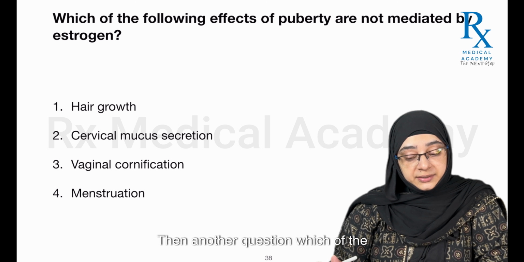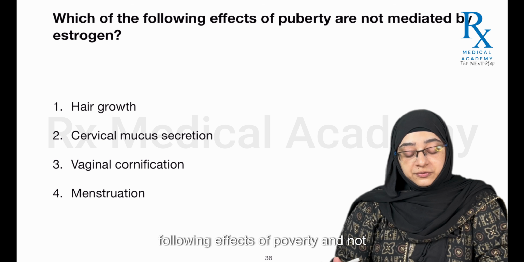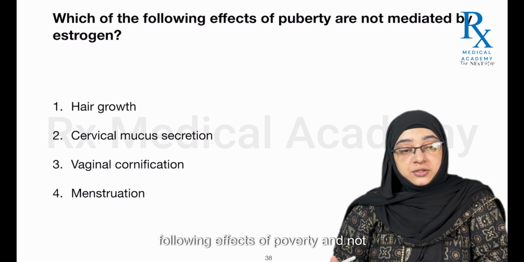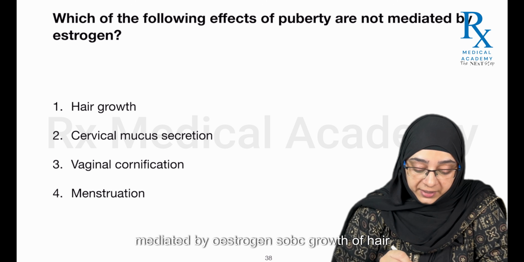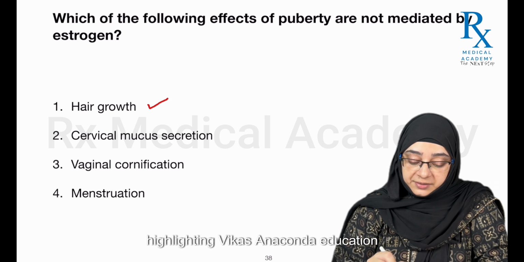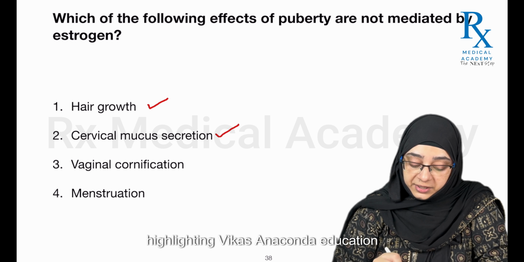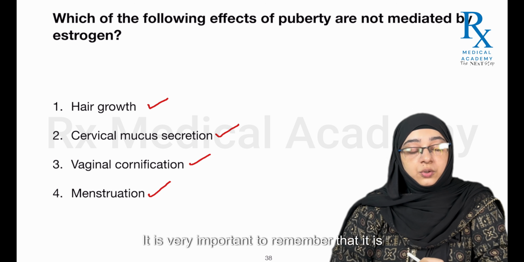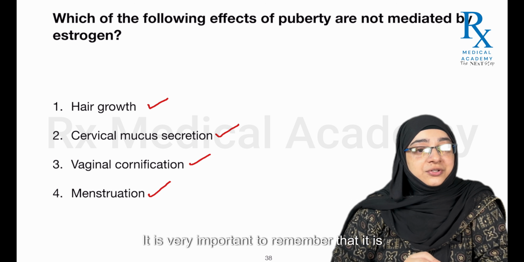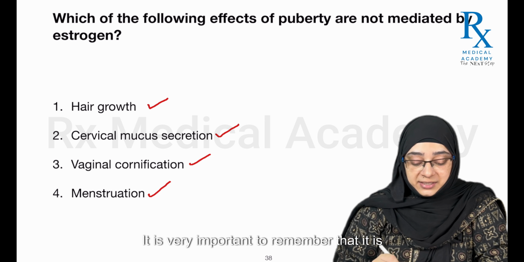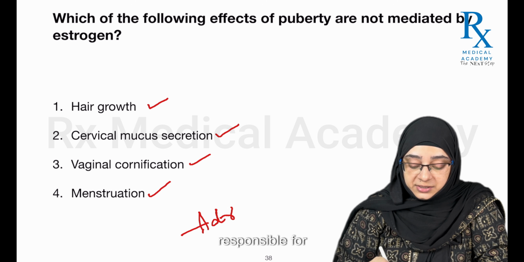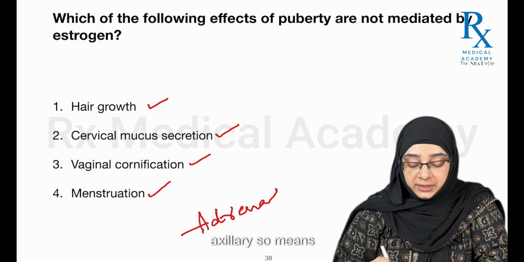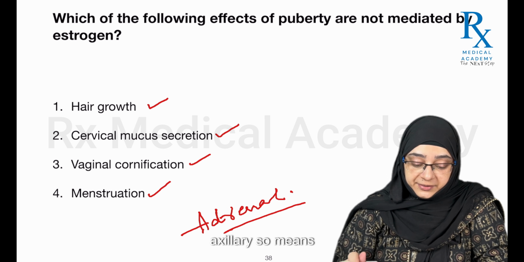Then another question. Which of the following effects of puberty are not mediated by estrogen? We see growth of hair, cervical mucus, vaginal cornification, and menstruation. Over here, it is very important to remember that it is the adrenal gland and adrenal androgens which are responsible for the pubic and the axillary hair.